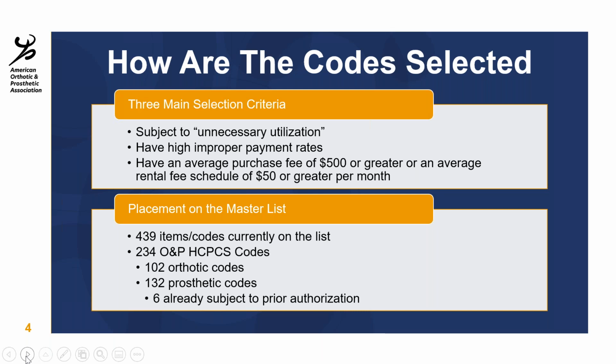So what that translates to is that there are currently 439 O&P total codes that are on what's called the master list of codes that are eligible for inclusion in prior authorization. Of that 439, 234 of them represent orthotic and prosthetic codes. Now that may seem like a lot.